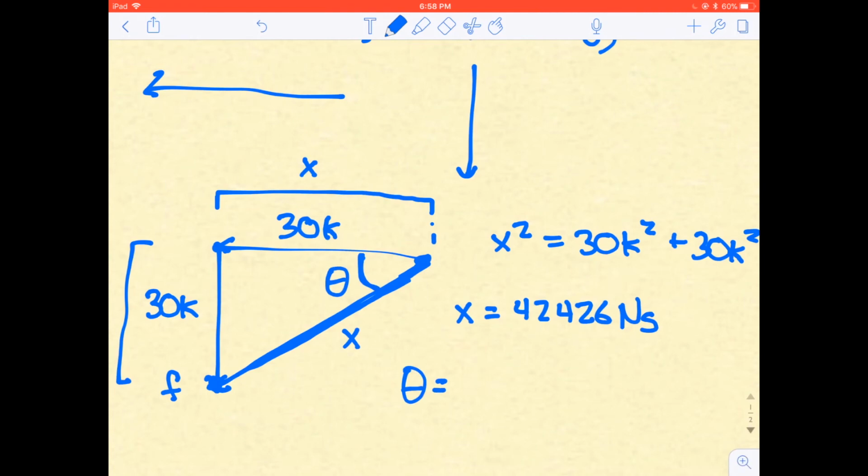You are expected to know the sine, cosine, and tangent rules. Regardless of which theta you use, you're going to get the right angle, but you have to be careful of your reference point. So my theta is the one that's illustrated, and it's 45 degrees.